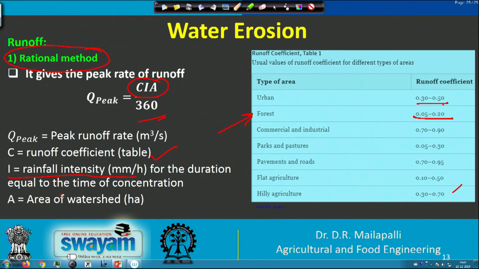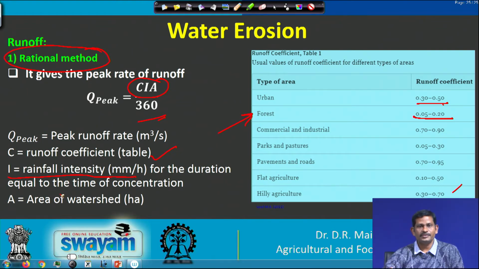It is the rainfall intensity over the period for which we get the accumulated runoff for a time of concentration. That means the last drop of runoff from the extreme end of the watershed reaches the outlet. A is the area of the watershed in hectares. We substitute all the values and get the peak flow rate from that particular landmass.